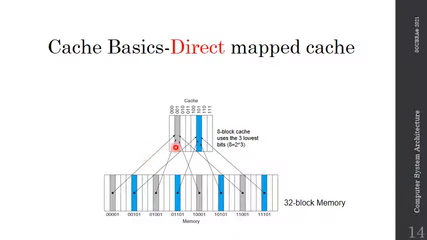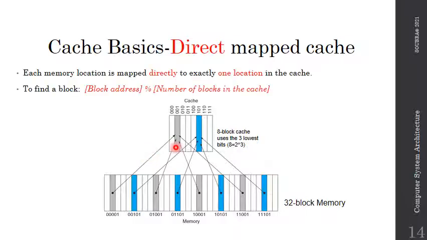So the mathematical formula to use is the block address, the address that we're looking for in the memory, modulo the number of blocks I have in the cache. If it's an 8 block cache, I'll be taking modulo 8 and determining the location that way. Take 5 minutes to test it with the blue ones on your own.